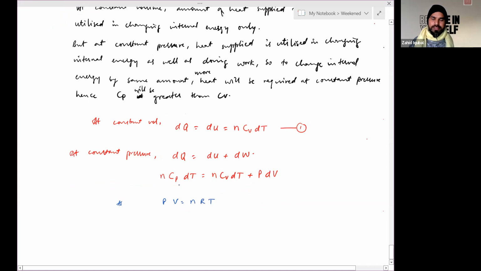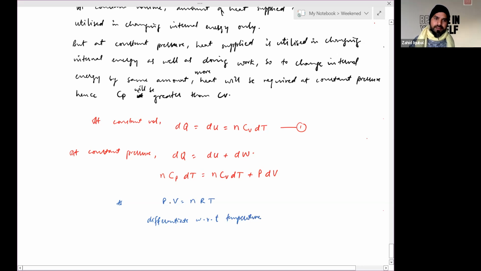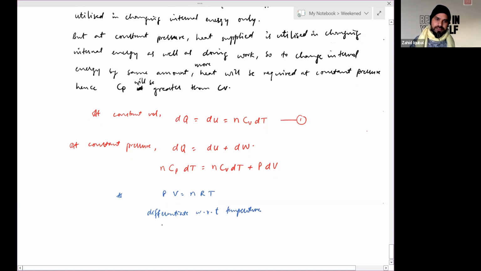Since in this part pressure is constant, differentiate with respect to temperature. Since P is constant, it remains outside. V on differentiating gives dV by dT equals, n is constant, R is constant, and T on differentiation will be just 1.